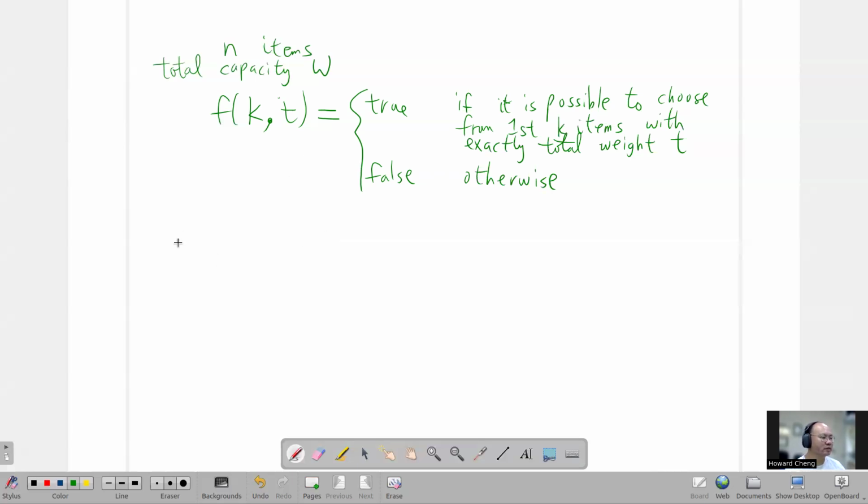Well, what we're going to do, if we can choose a bunch of things to make up capacity, would just be try f of k0, f of k1, f of k2, where f of k0, it's always possible because you can just decide not to choose anything.